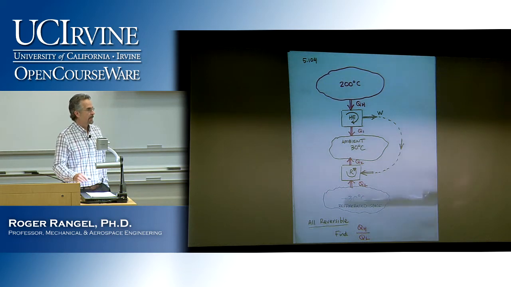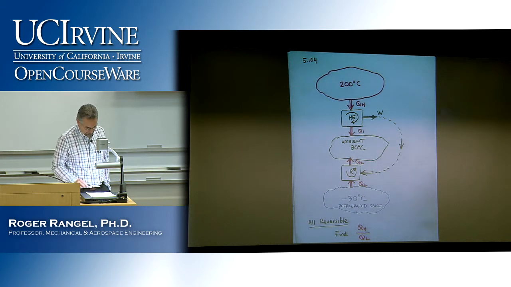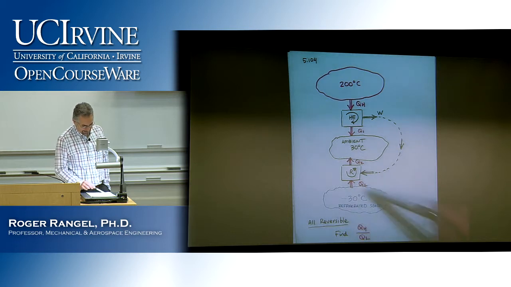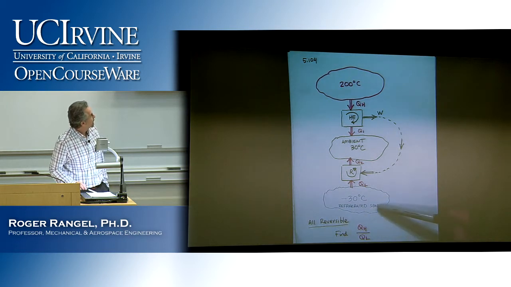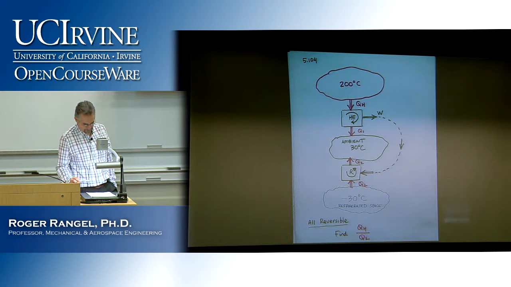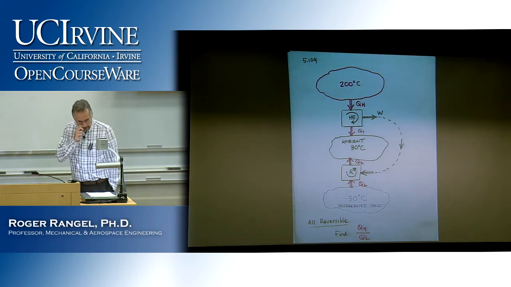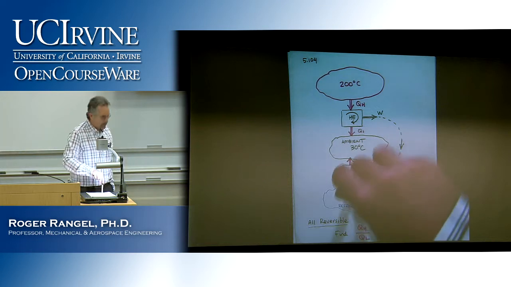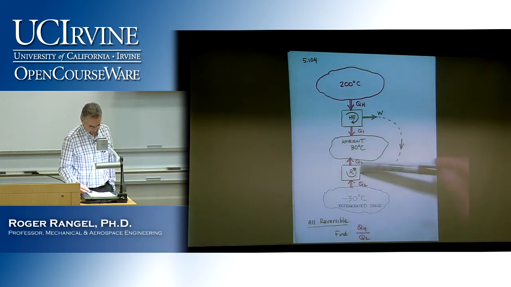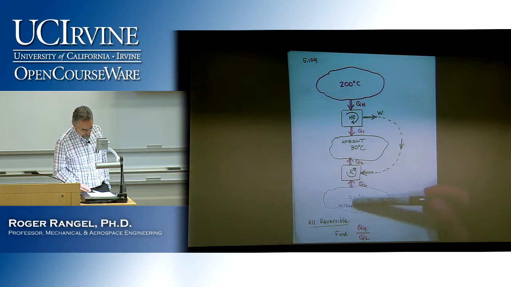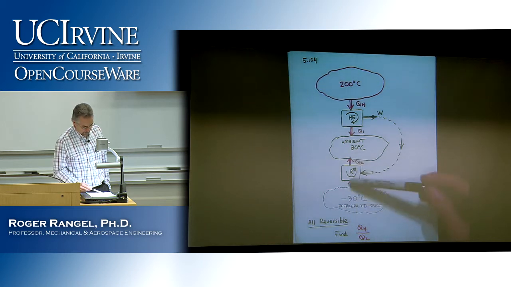The goal of the device that we're trying to design is to maintain this refrigerated space down here at minus 30 Celsius. So we want to keep this space at minus 30 Celsius. In order for us to do that, we're going to put a refrigeration cycle there. And this refrigeration cycle is going to remove heat from the refrigerated space.